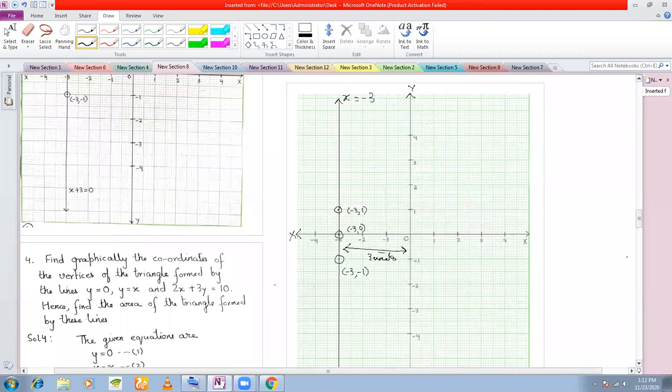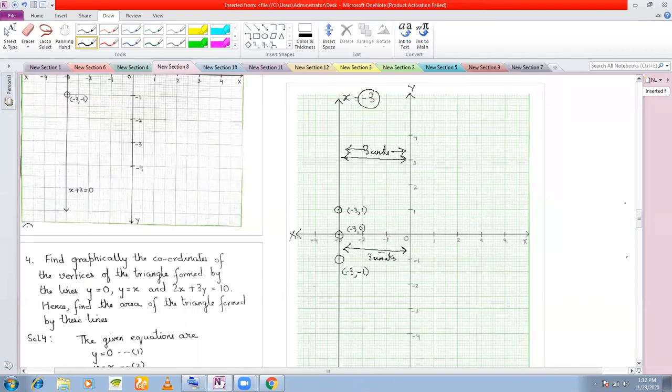right? So any straight line of the form x is equal to minus 3 or x is equal to minus 4 will be a straight line that will be parallel to the y-axis and which will be at a distance of 3 units in the negative direction. Because here is a minus 3, that is why 3 units in the negative direction will be the distance of this straight line from the y-axis.